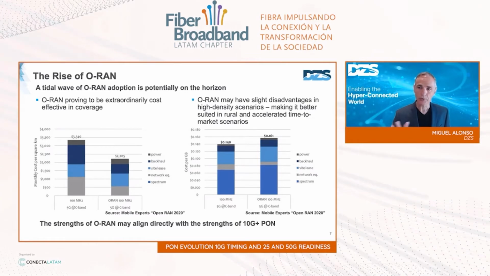So when you put those things together, the opportunity to deploy lower-cost mobile access networks, the opportunity to significantly reduce the CapEx associated with the implementation of mobile networks using PON technologies, one can see how they all align perfectly with the promise of more bandwidth using 10G plus class PON technologies.